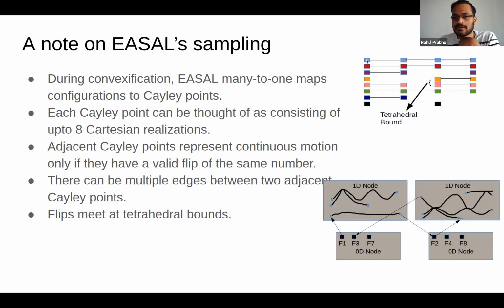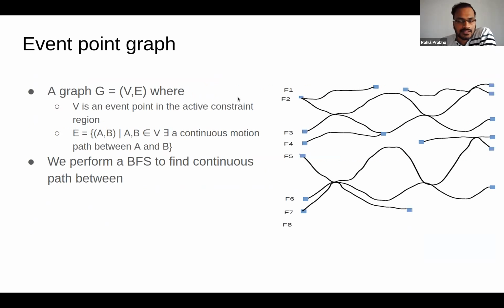I cannot switch, for example, from this blue to this red unless a special thing happens. There are what are called tetrahedral bounds, where these flips, as we call them, meet. If you have two such things meeting, then I can start from this pink little square here, move along here, and at this point switch to the orange, and go. And this would still represent a smooth 1D motion.